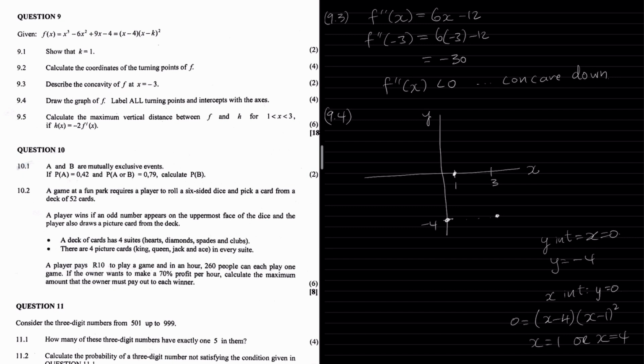We've got one of them already, but the other one will be here. So (4; 0) will be our next point. And now we can see the shape that it's going to take. So it will take a shape like this. Just imagine that it's cutting at negative 4. And that's the shape.